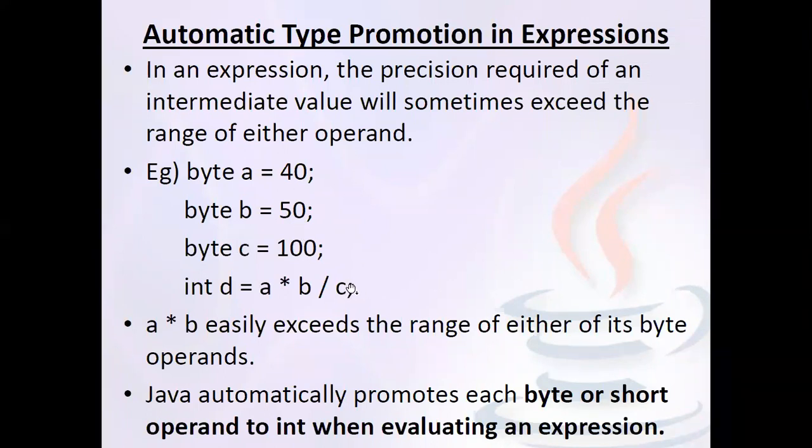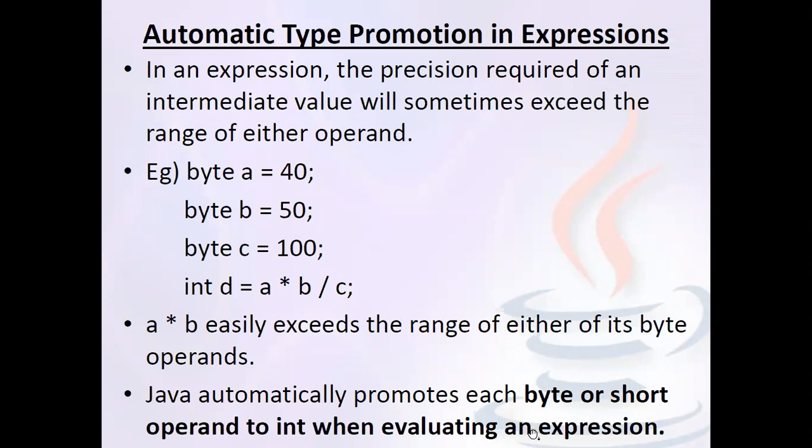Not only that, we see that all bytes as well as shorts will get converted into integer automatically in Java. Here A multiplied by B easily exceeds the range of either of its byte operands. Also, Java automatically promotes each byte or short operand to int when evaluating an expression.